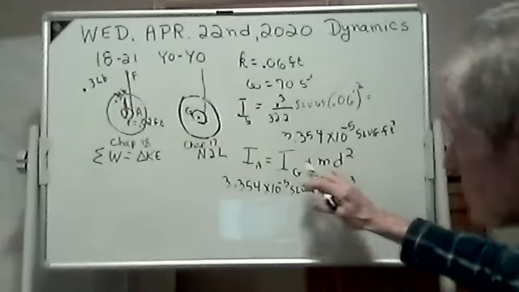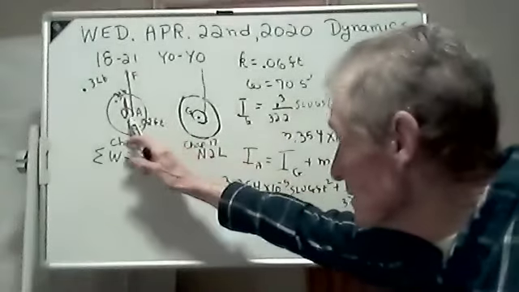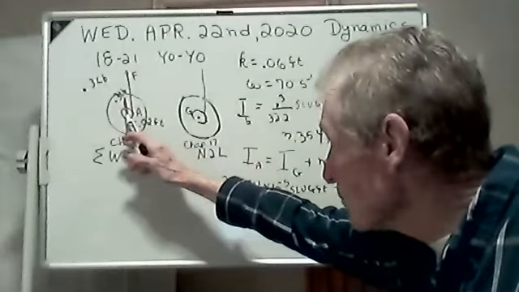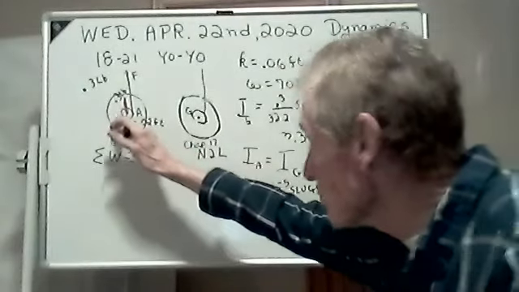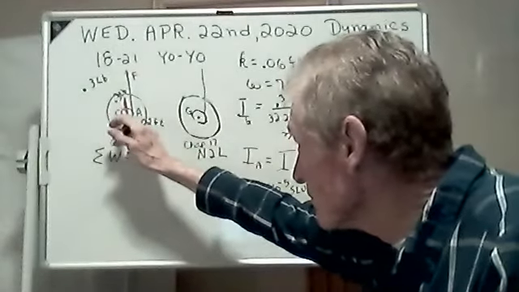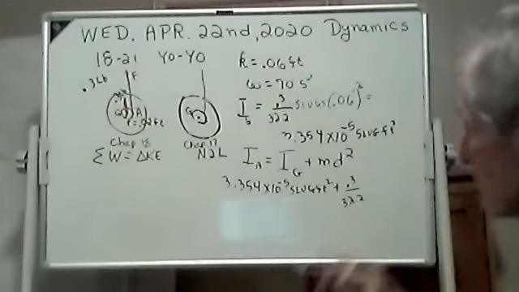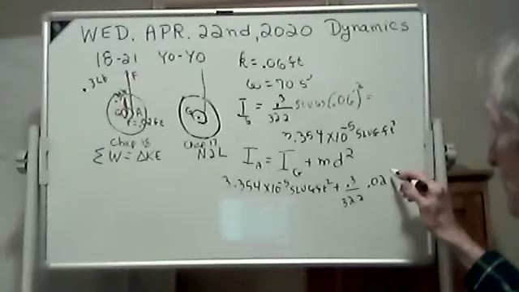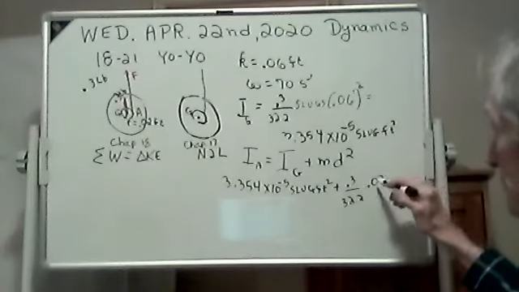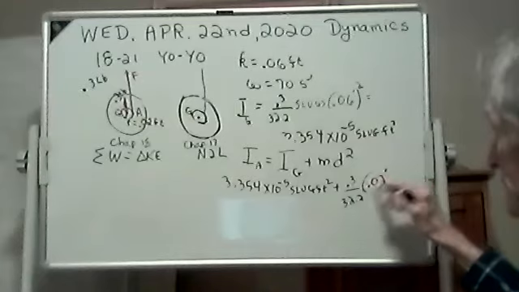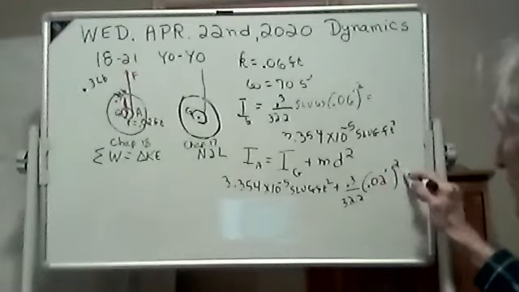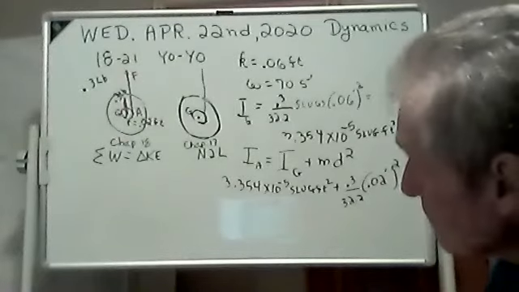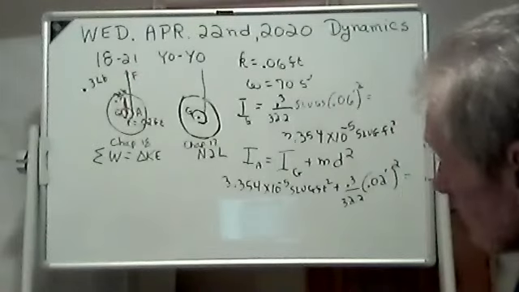Now this distance is the distance between point A and point G. Call that point G right there. Well, that's 0.02. So you go 0.02 feet squared. And we'll have our moment of inertia about A.